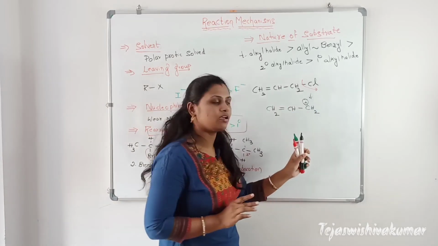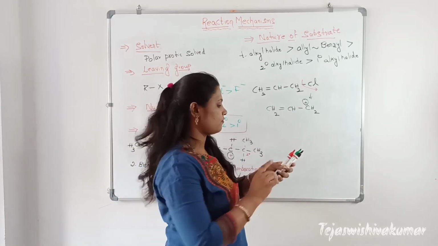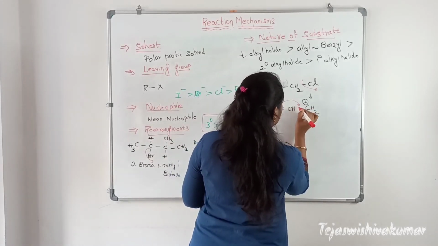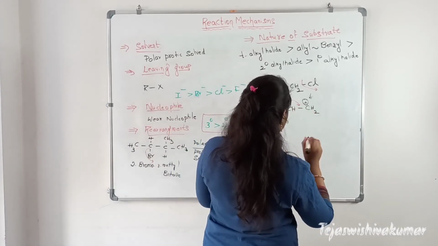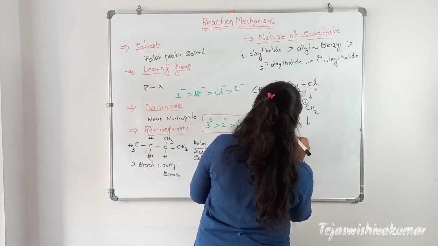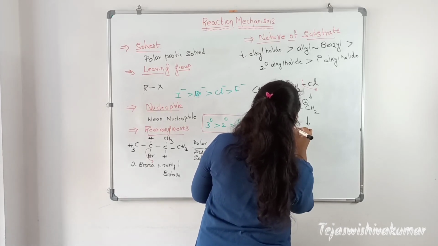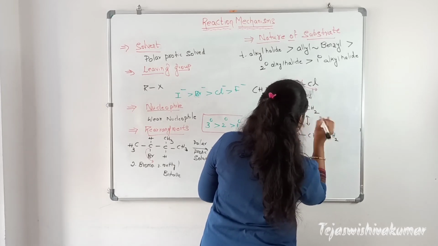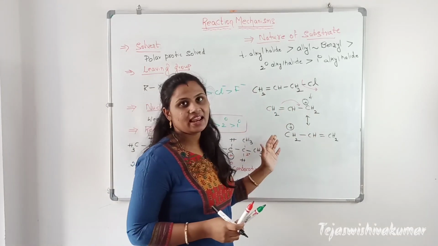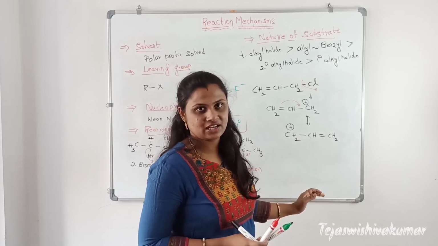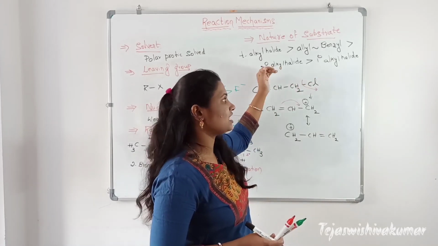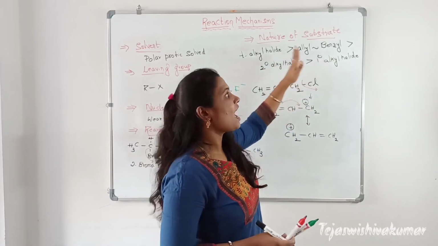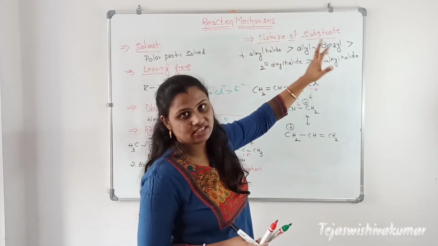Now here resonance stabilization happens. CH2 positive charge, CH double bond CH2. So because the allyl halides and the benzyl halides are resonance stabilized, they are more stable than tertiary and primary alkyl halides, and this is the order for the nature of the substrate reactivity.